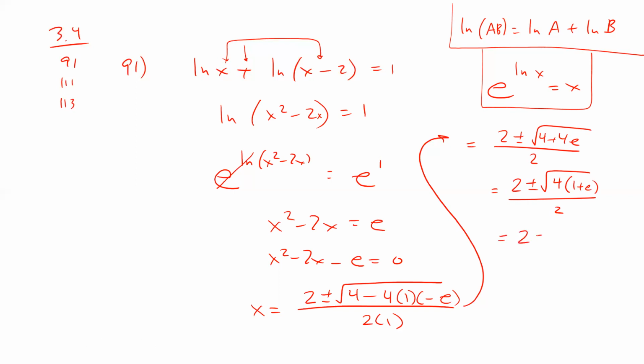And then the 4 can be taken out as a 2. The easy way to divide all this out is we just figure out what number goes into all 3 of those multipliers right there: 2, 2, and 2. And I'm left with 1 plus or minus the square root of 1 plus e.